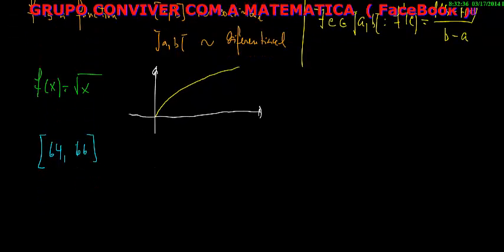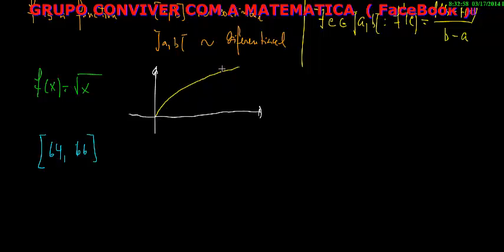So in these conditions, I can say, as you can see also, I don't remember if I told you about this, that square root of x is continuous in this interval. It is also differentiable in this open interval. It is all the time increasing.